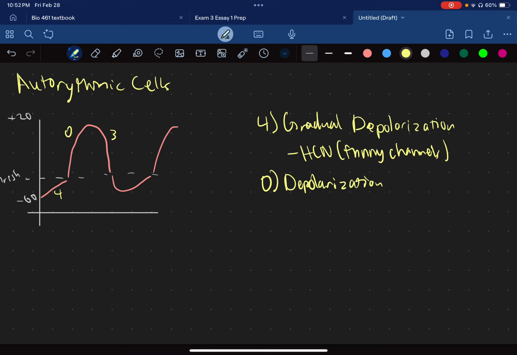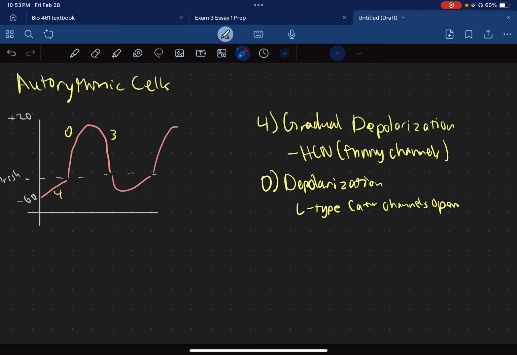I guess a more rapid depolarization. And what's going to happen is L type, which means kind of like long-lasting, calcium channels open. So these L-type calcium channels are going to open, and that's going to cause a more rapid depolarization. It's going to come up like this.